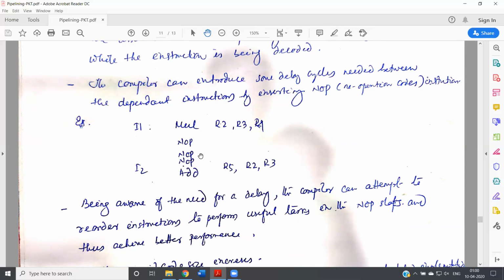The program is executed in some other architecture where only 1 NOP is required. As you have already given 3 NOP instructions, two NOP instructions are being wasted. Or this can be executed in another processor where 10 NOP slots are required, then it is of no use.